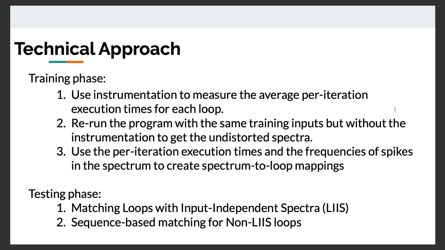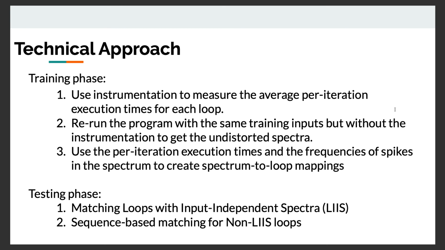There are two phases: a training phase and a testing phase. The training phase essentially just collects all the data, because without collecting it, we don't know what each loop is or how much time each loop costs. There are two ways to do it. One is the instrumentation way, which sets a breakpoint in each operation.